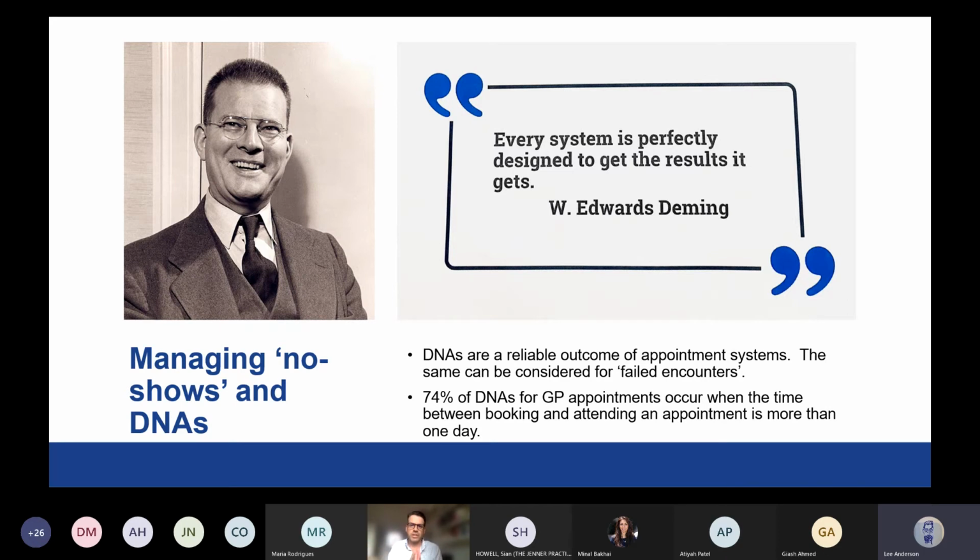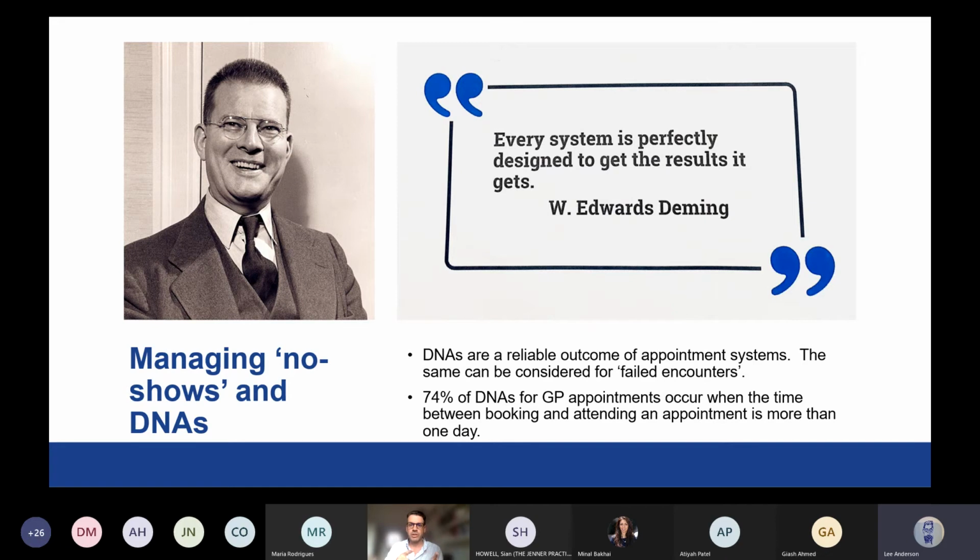So essentially the summary here is: don't waste your time cajoling, persuading, punishing people. Look at your appointment system, because that's the thing that's driving your no-shows. And I think now that most people on the call are doing triage, you'll have noticed your DNA rates have dropped through the floor anyway. But I think the bellwether of the health of your triage call and recall system will be the number of failed encounters that you get.